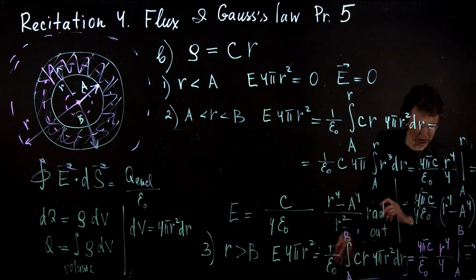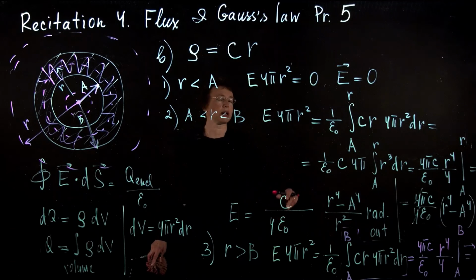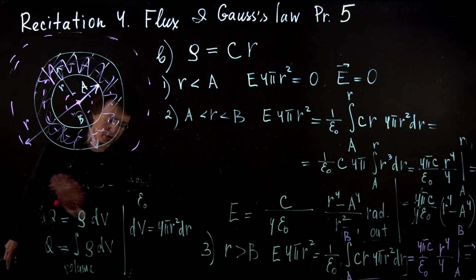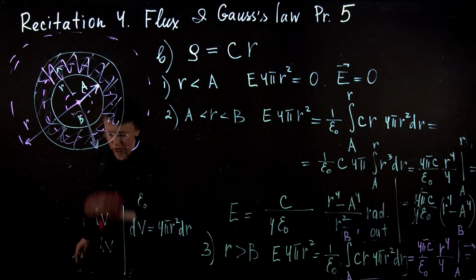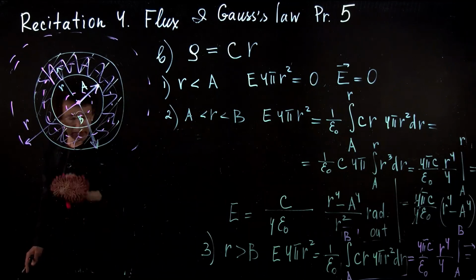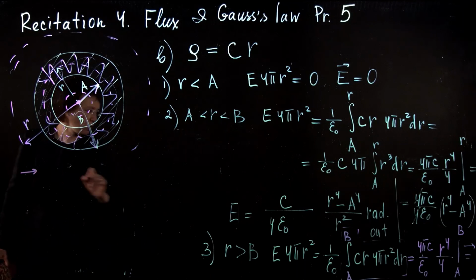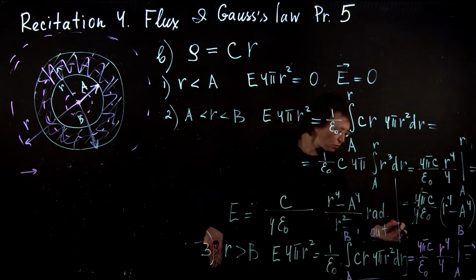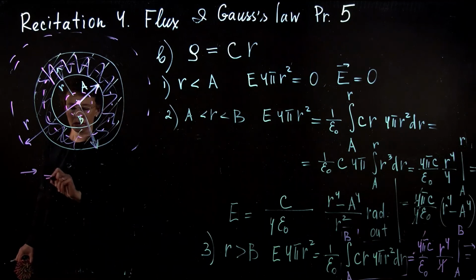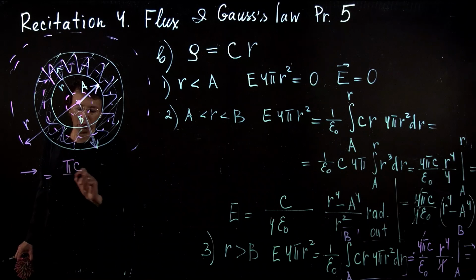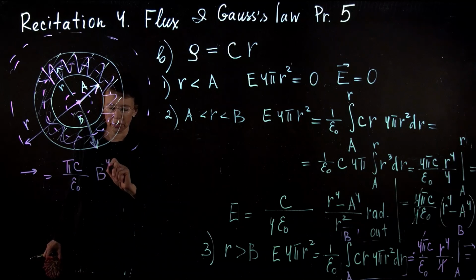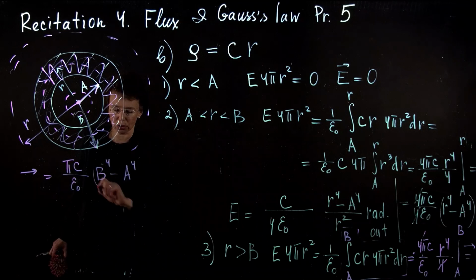So now I will write my final answer for this region right here. So we are moving here. I will erase Gauss's law and we will erase the definition of rho. We already used it. We will erase dv. So when I plug in the limits, 4 and 4 cancel out. So I have pi C over epsilon naught, then it is b to the 4th minus a to the 4th.